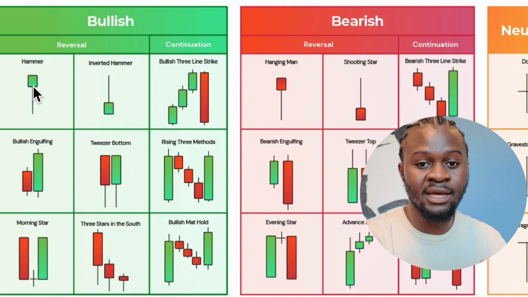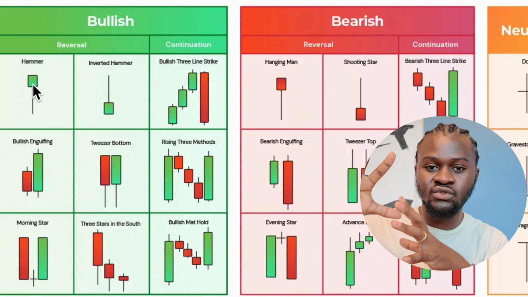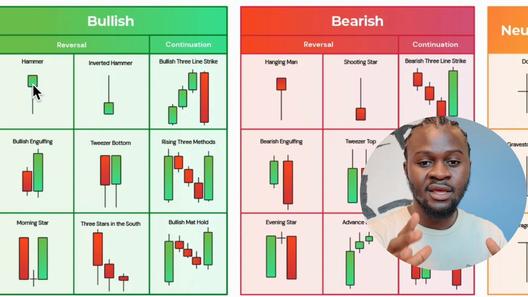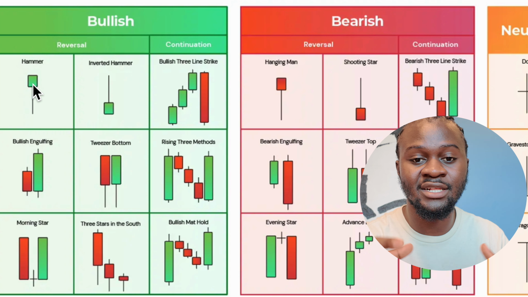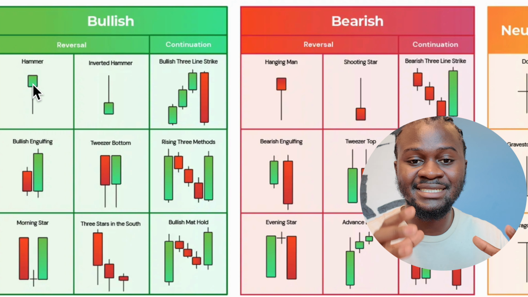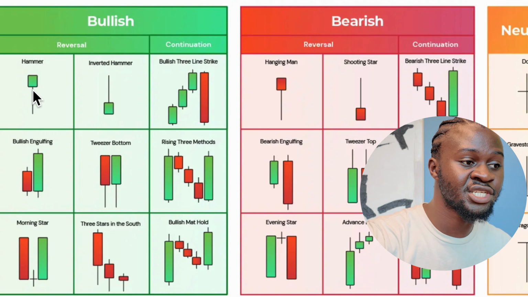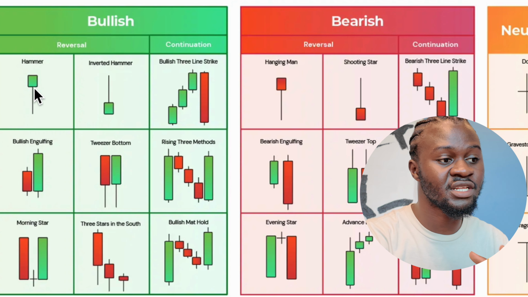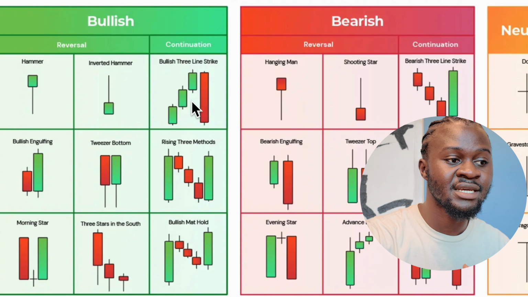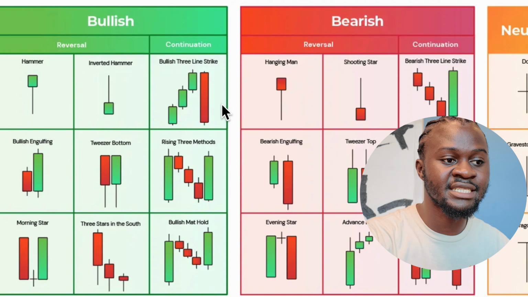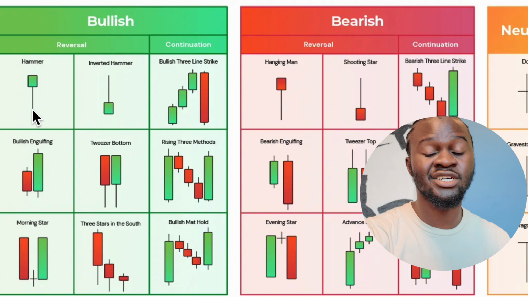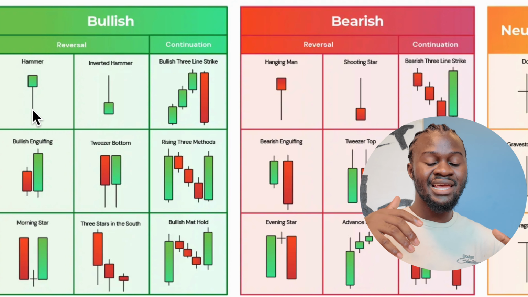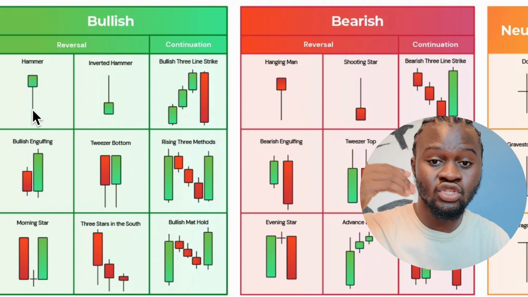And also, like a hammer, sellers try to suppress price and take price all the way to the downside, but they didn't have enough power to push that price, because buyers came in and said, this is our region, we are defending this, and that candle ended up closing like this. There was a point in time when this candle was looking like this, but it ended up like this because the buyers said, okay, now you've been taking from us, now it's our turn to go up.